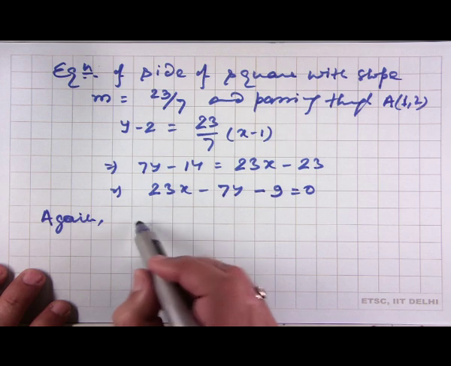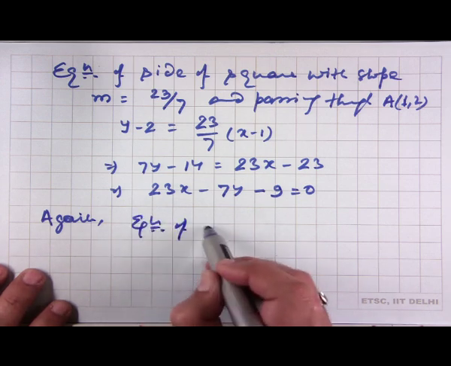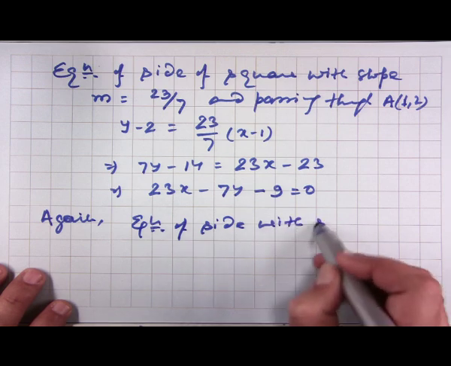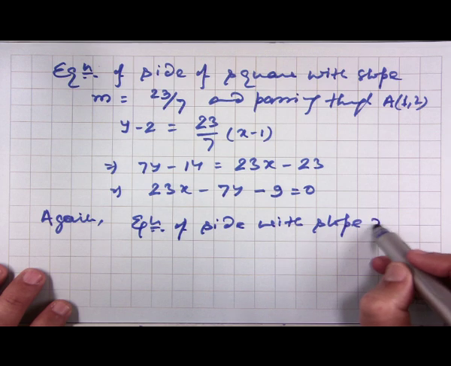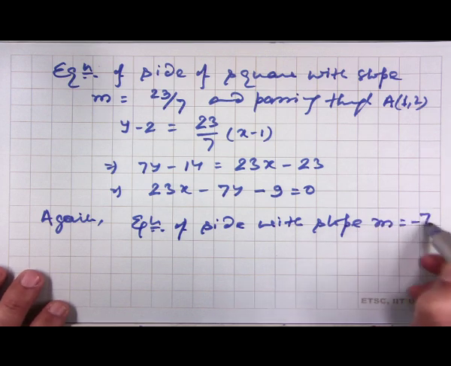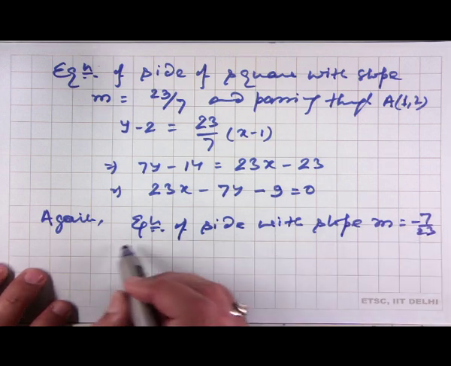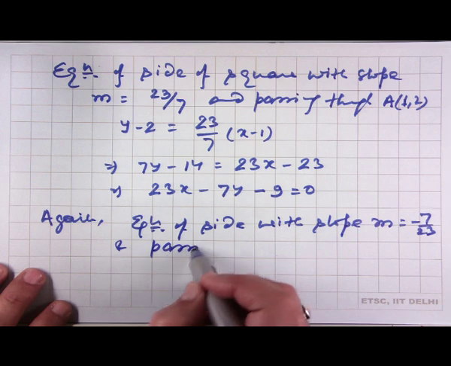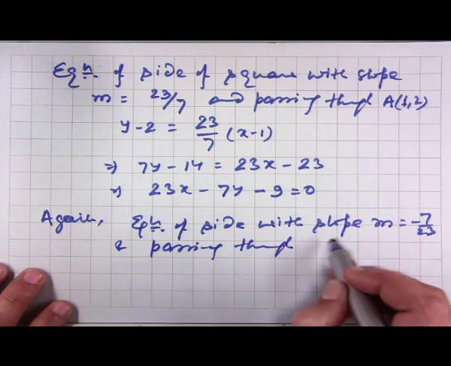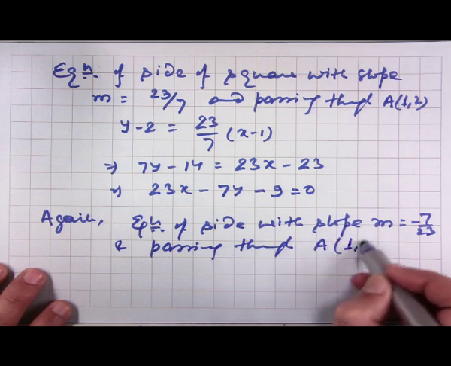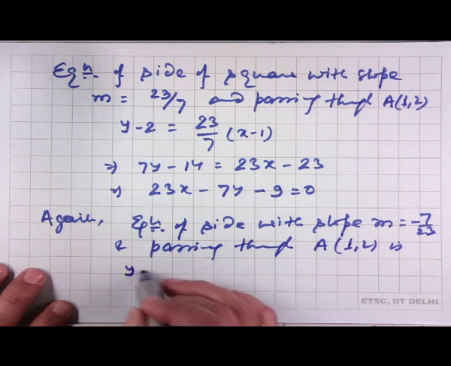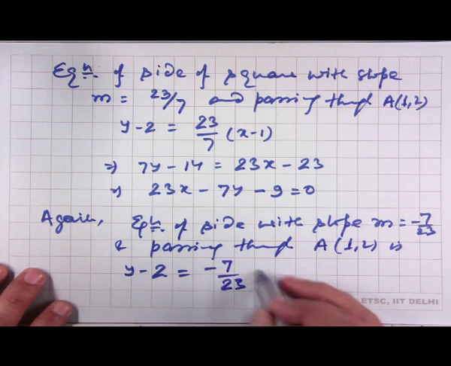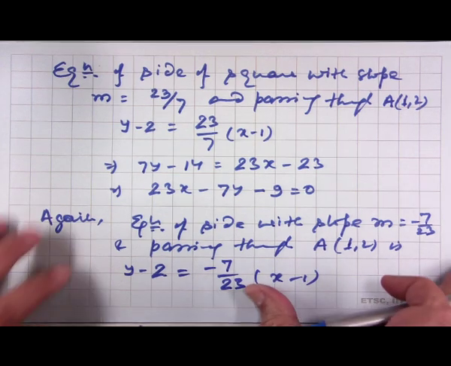Again, the equation of the side with slope m equal to minus 7 by 23 and passing through A(1, 2) is y minus 2 equal to minus 7 by 23 into (x minus 1).